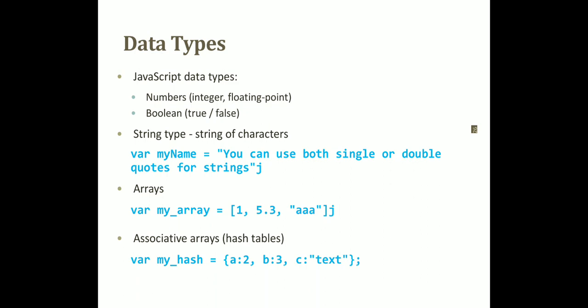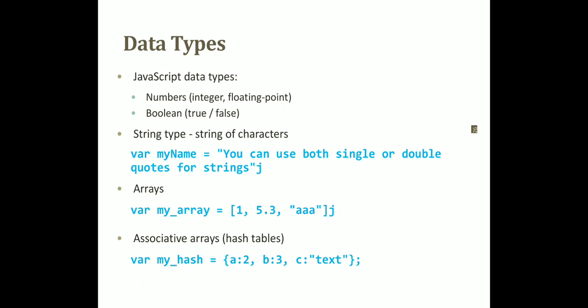Then arrays. You can write a variable my array, and you can provide values in it. Here in the example you can see in the index box we have given numbers like 1, 5.3. So an integer we have given, a floating point we have used, and the third is a string, which is given in double quotes.